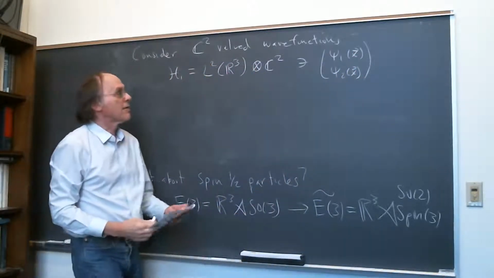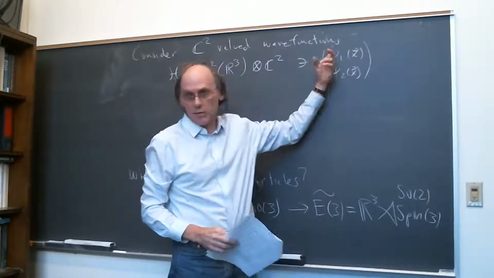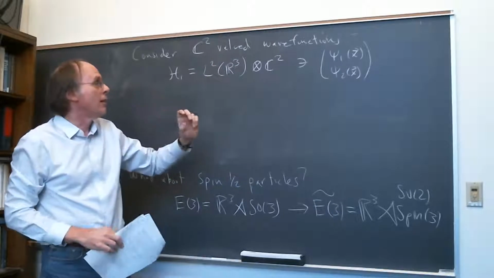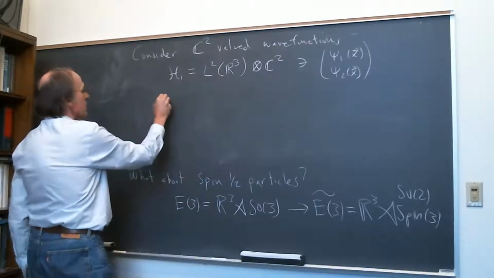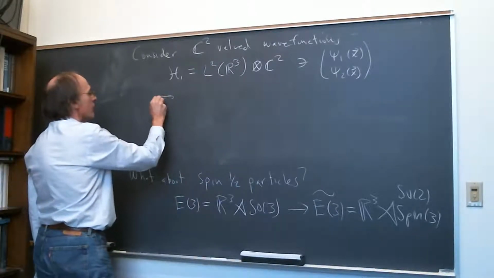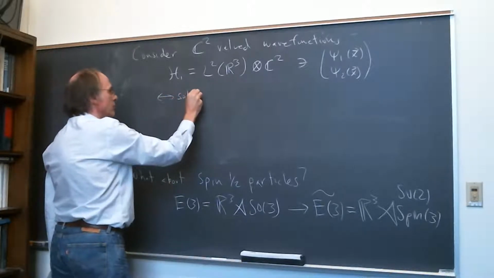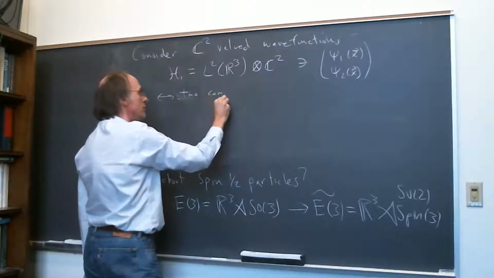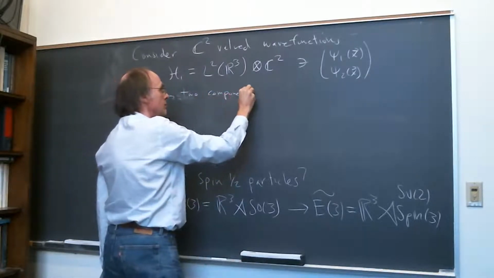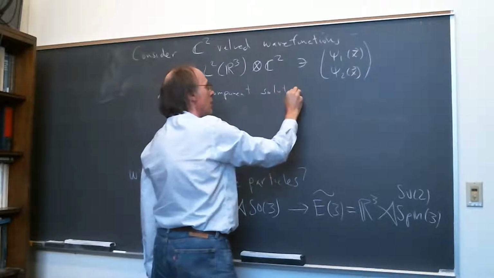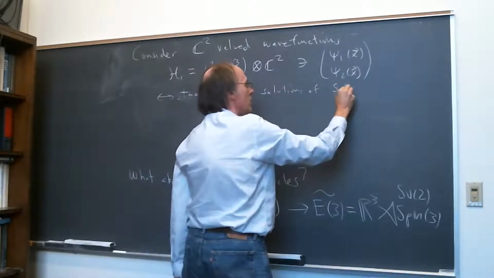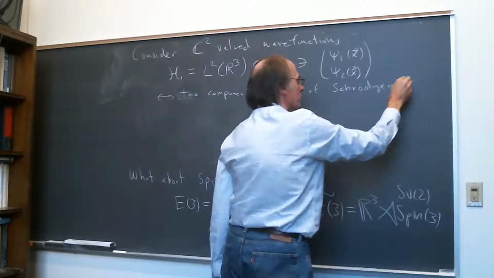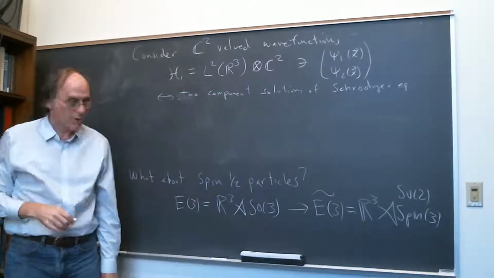And we can think of this as t equal to 0 initial data, specifying a solution of, so these correspond to two component solutions of the Schrödinger equation. So it's the same equation, but just with two components.